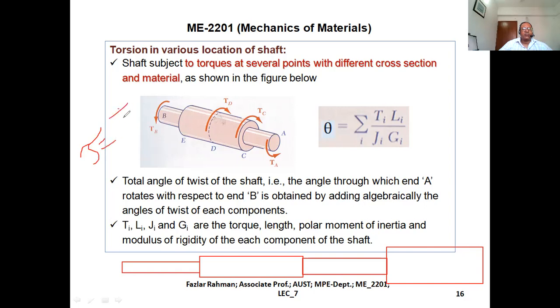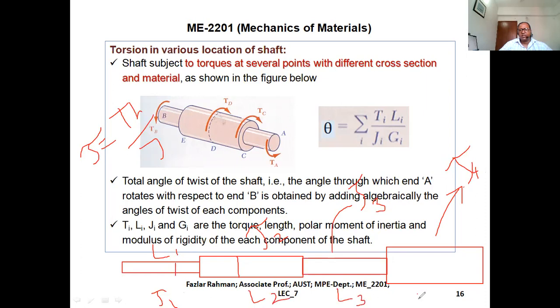Or how can we figure out the tau in each shaft? Tau equal to TR by J. So how can we figure out the value of tau 1 in this shaft, tau 2, tau 3 in this shaft, and tau 4? Say you know the geometry of this shaft, length you know, this is L1, this is L2, say this is L3, this is L4.